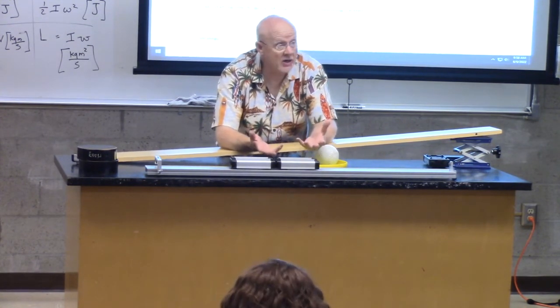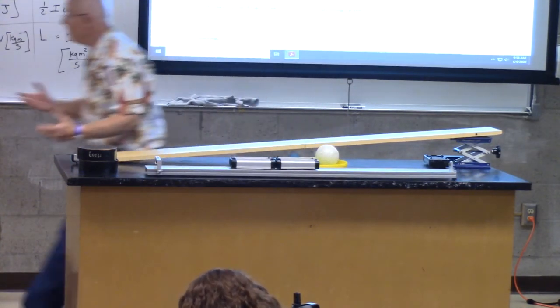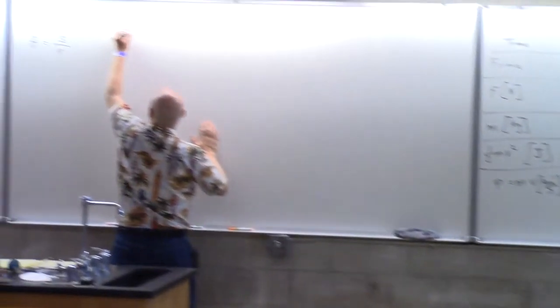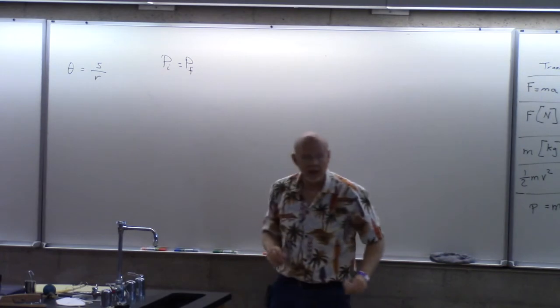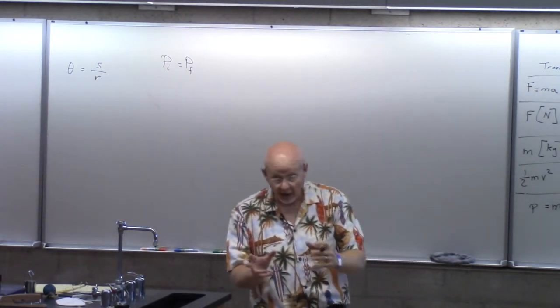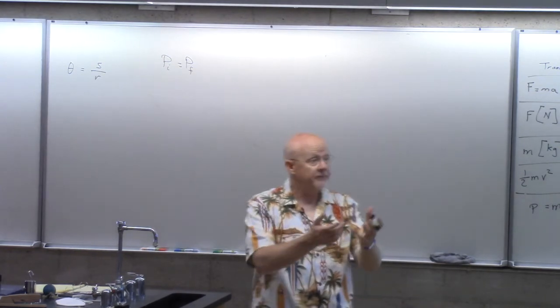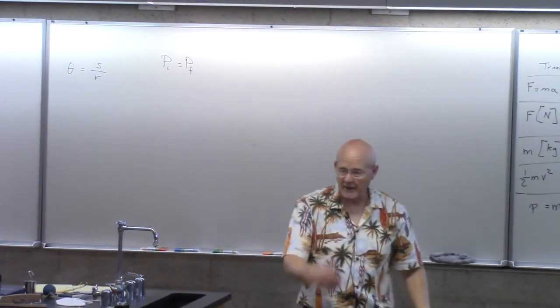And we asked this question, what would be the speed after the collision? And we had a little formula that looked something like this. We said take the momentum before and set it equal to after. And we said as long as you always include both objects that are interacting, momentum would be conserved. All right, I'm going to say the same thing.